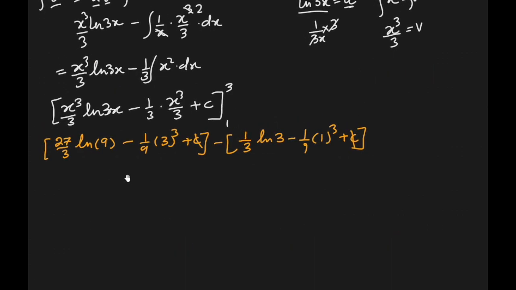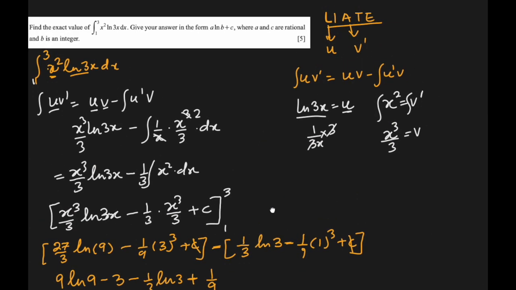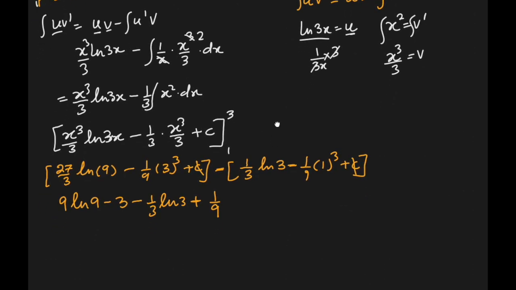Okay. 27 over 3 is 9 natural log of 9, minus 27 over 9 is 3, then minus 1/3 natural log 3, minus 1/9. Okay, so it will be positive, not minus. Why? Because there is a negative here and there is a negative here also. They want a natural log with a coefficient and then plus something.